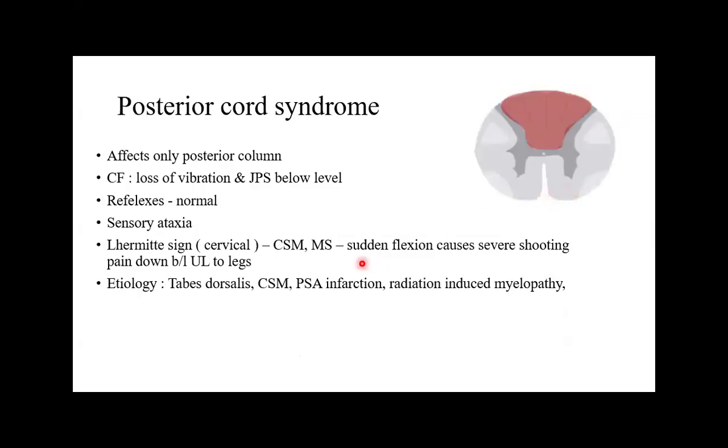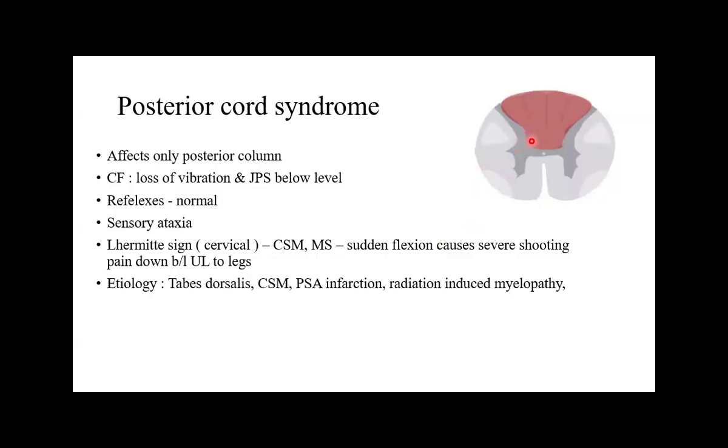Then the posterior cord syndrome, it affects mainly the posterior column. Here, the clinical features: they will present with loss of vibration and joint position sense below the level, and the reflexes will be normal. They will present with sensory ataxia and Lhermitte sign if it is in the cervical region, predominantly seen in cervical spondylotic myelopathy and multiple sclerosis.